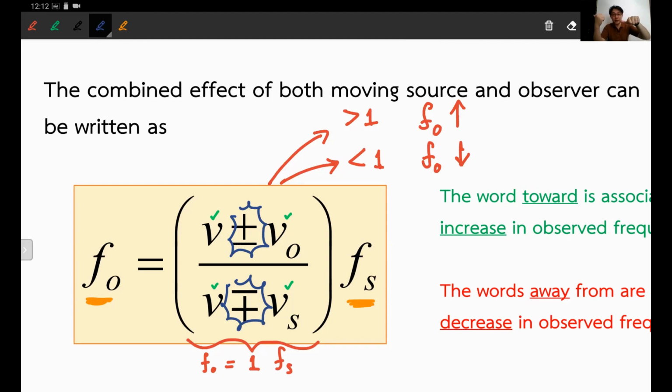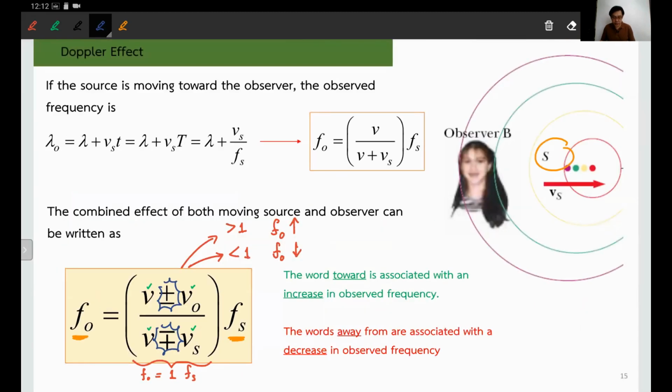Or moving along the direction of the source. That's it. So there are only 4 combinations that you can look at. And the easier case is when one of the two, either the observer is stationary or the source is stationary. If that is the case, it's even easier because the velocity is 0. So that would be the easier case. All right, that's what we are trying to get to.